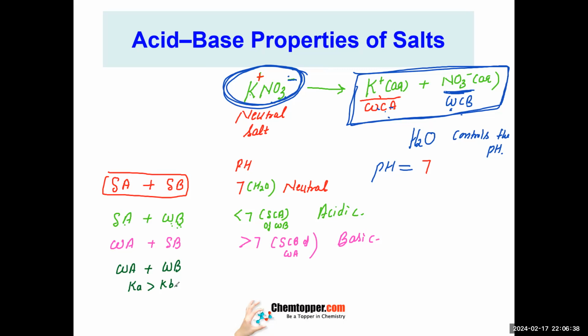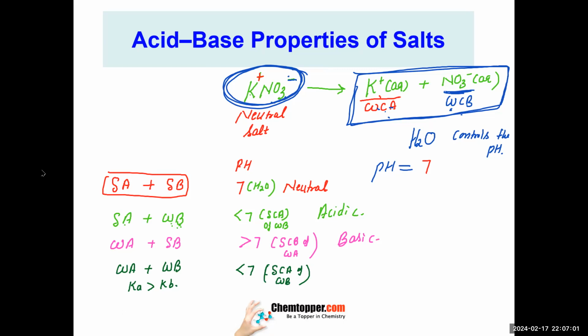So what will be the pH? Because this is a base, its conjugate is an acid. So pH will be less than 7. And it is controlled by strong conjugate acid of weak base. The base is weaker. Write this.